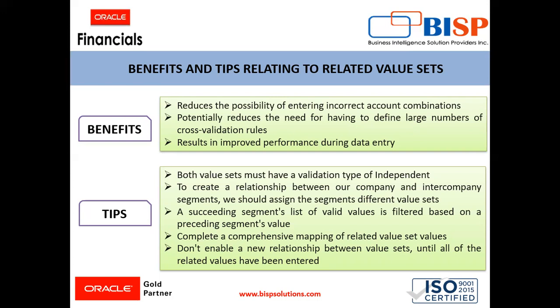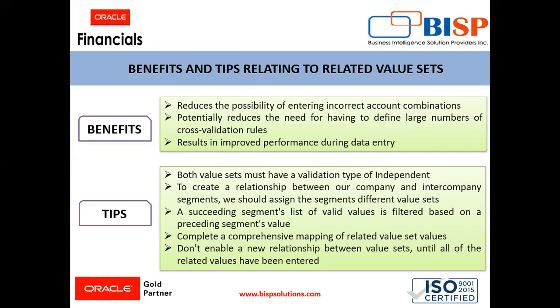Now, there are a few considerations or tips we should keep in mind while defining these related value sets. Both of the value sets shall have the validation type as independent. When we create the value set, we specify the validation type, so the validation type should be independent. And if we are creating a relationship between the company segment and the intercompany segment, then both of these segments must have different value sets.